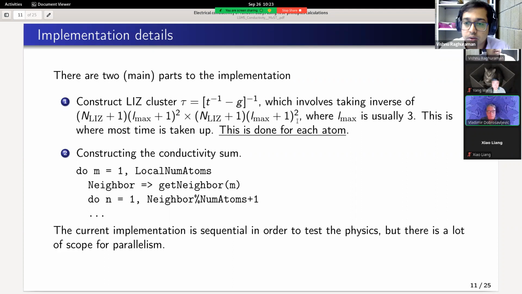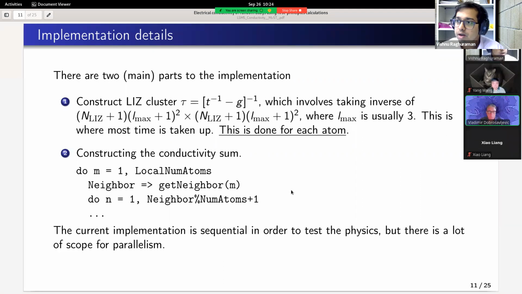So this is where most of the time is taken up in the calculation. And this is our biggest bottleneck right now, which is what we're working on making faster. Also constructing the conductivity sum, because once you have all these tau matrices, you have to multiply them with the current matrix and then do a double sum over M and N. So this also takes some time.